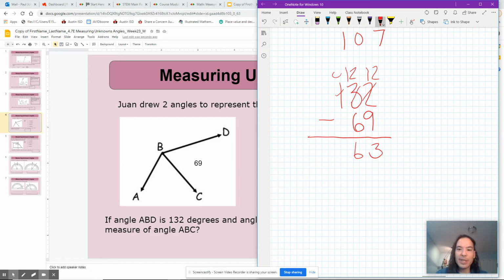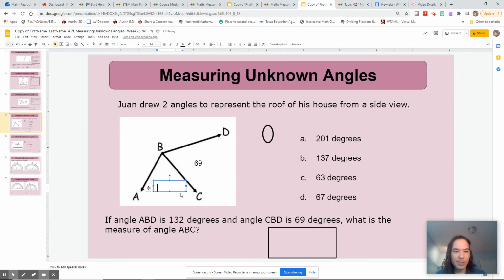So we have 63. Let's add the 69 back and make sure that checks out. Yes, it does. 63 plus 69 is 132. So our missing piece is 63. Once again, just to make it look easier, I'm going to put it right here. So 69 plus 63 equals in total 132.